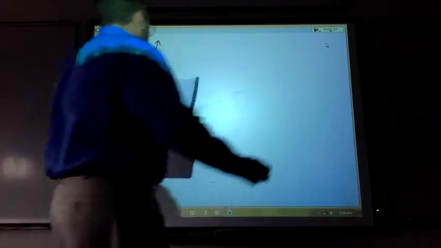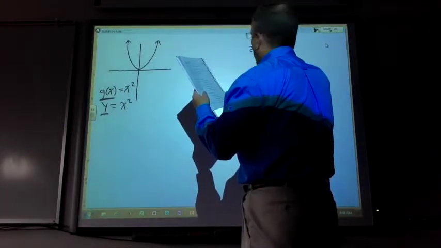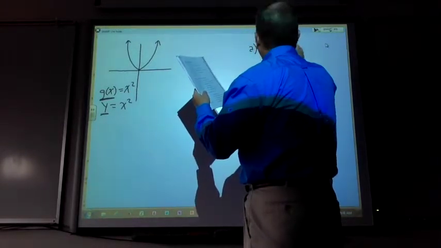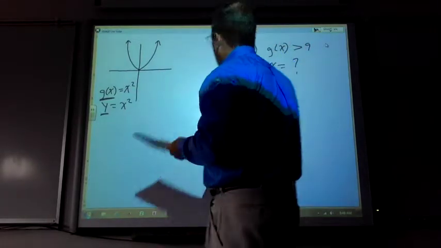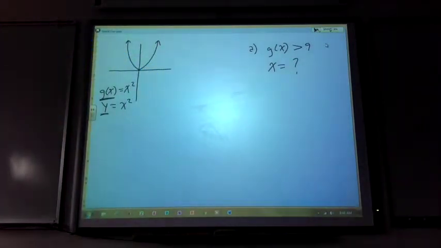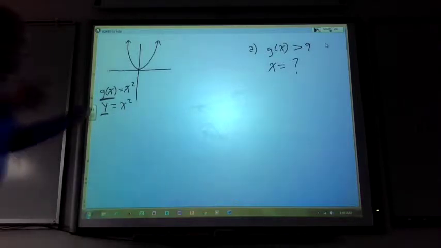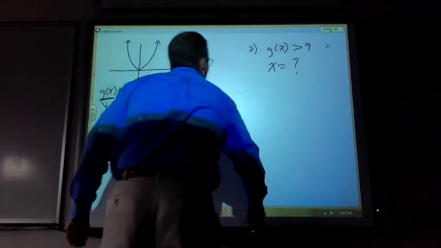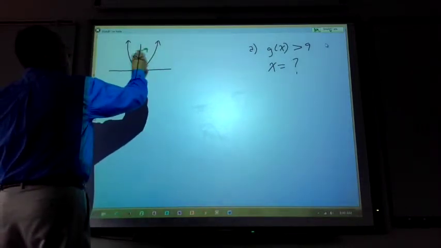So let's answer letter A. Where is g at x, what values for x, greater than 9? Okay. g at x is the same thing as what? y. Okay, g at x is the same thing as y. So, let's say 9 is right here in the y direction.